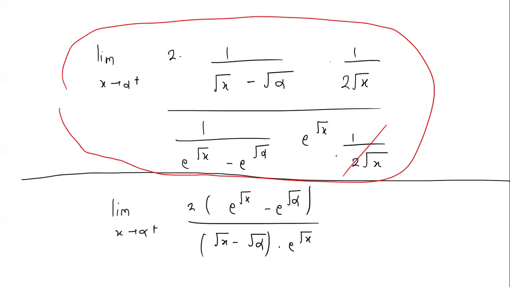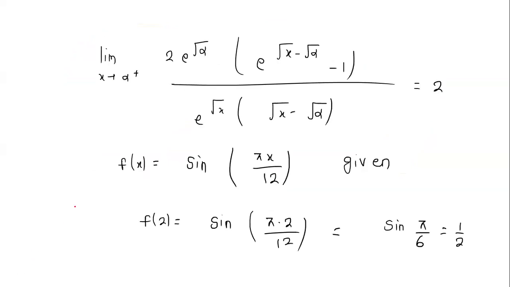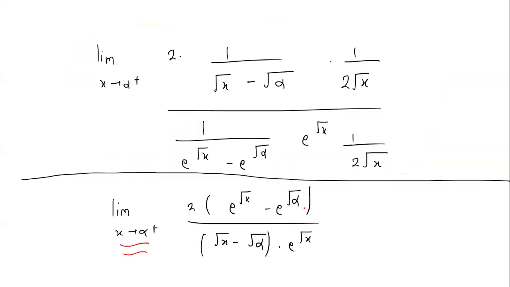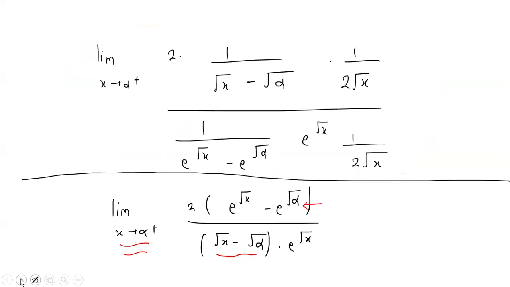Now here you can see we can cancel this, and take this thing to the upper side, and in the denominator we have e to the power root x and this thing, and here it is 2. Now, if you put x tending to alpha plus, what can we do in this case? First of all, you can take e to the power root alpha outside from these two terms. The remaining thing is e to the power root x minus root alpha minus 1, and in the denominator we also have root x minus root alpha.